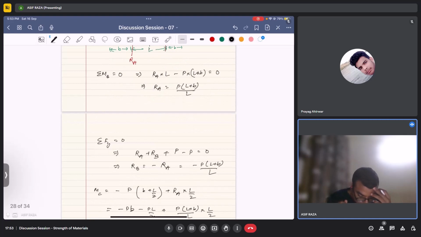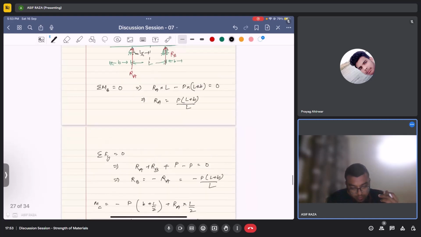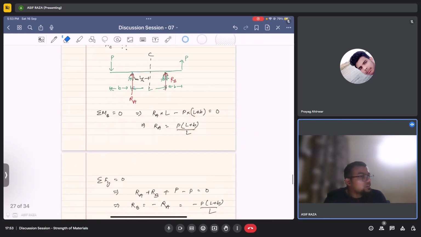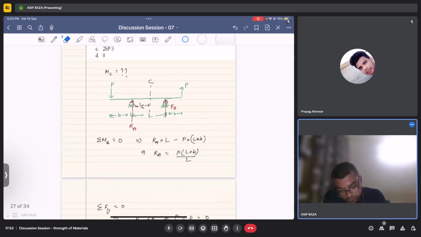Okay, I made a mistake. Here, got it. So what I did wrong is here. I haven't taken the contribution of this load P, this load P. So it would be minus PB equal to 0.